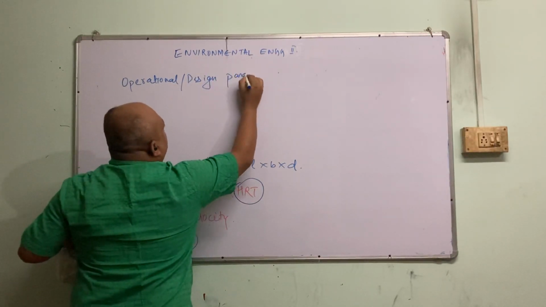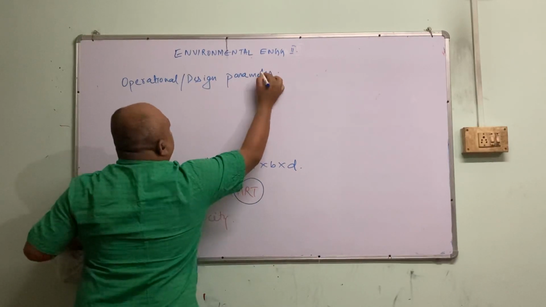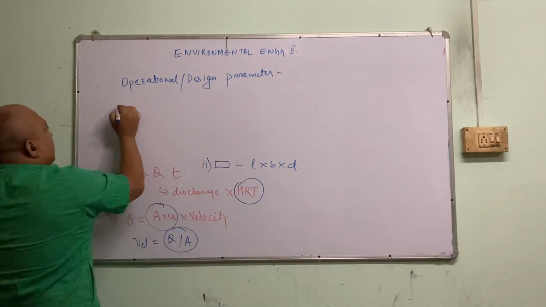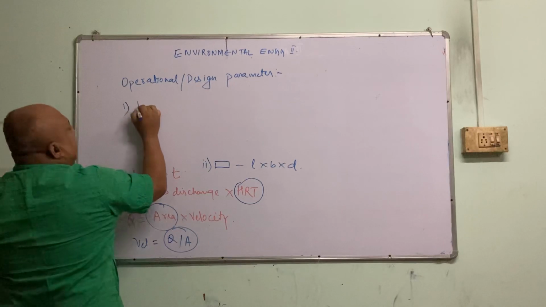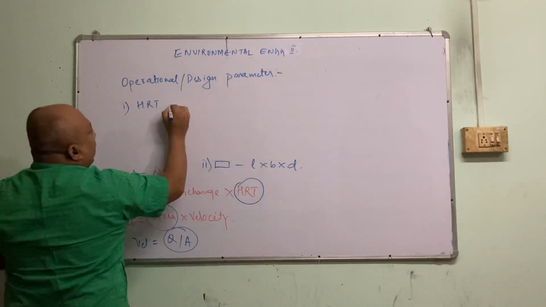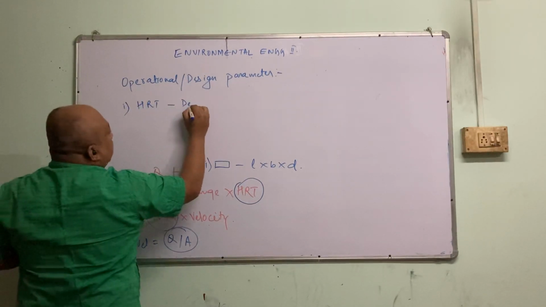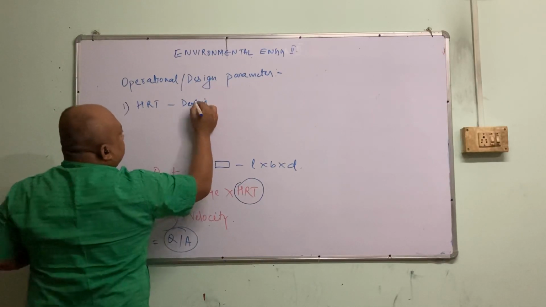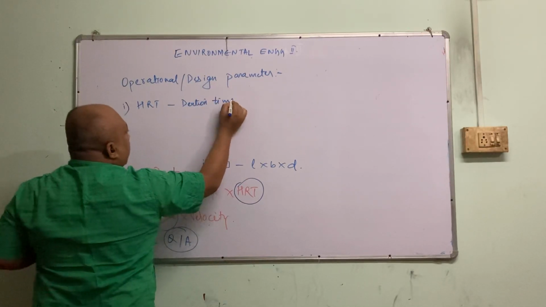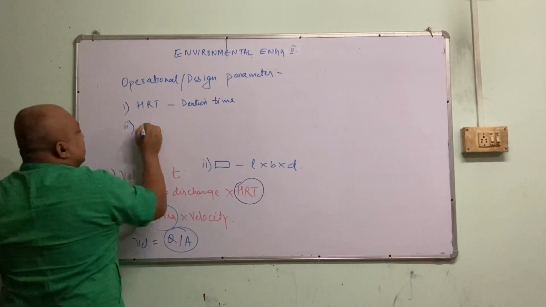Please remember, this thing you won't find in the textbook. Number one is the HRT, or hydraulic retention time, or detention time. Number two is settling velocity.